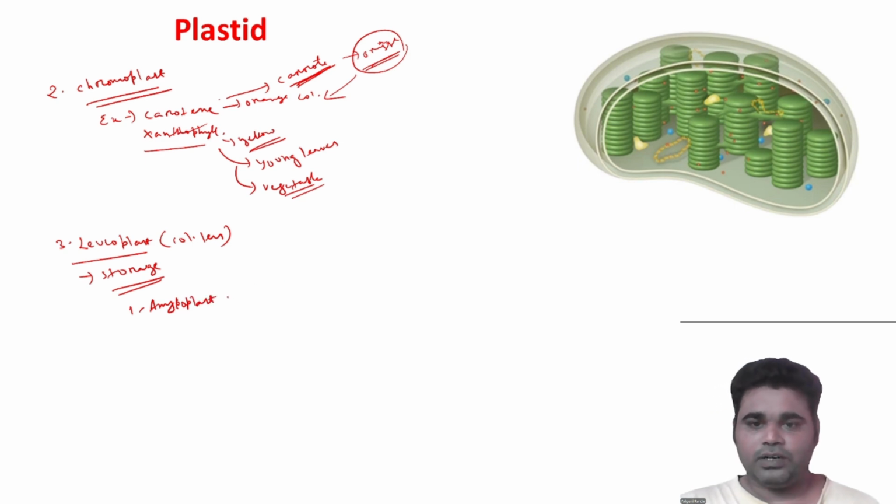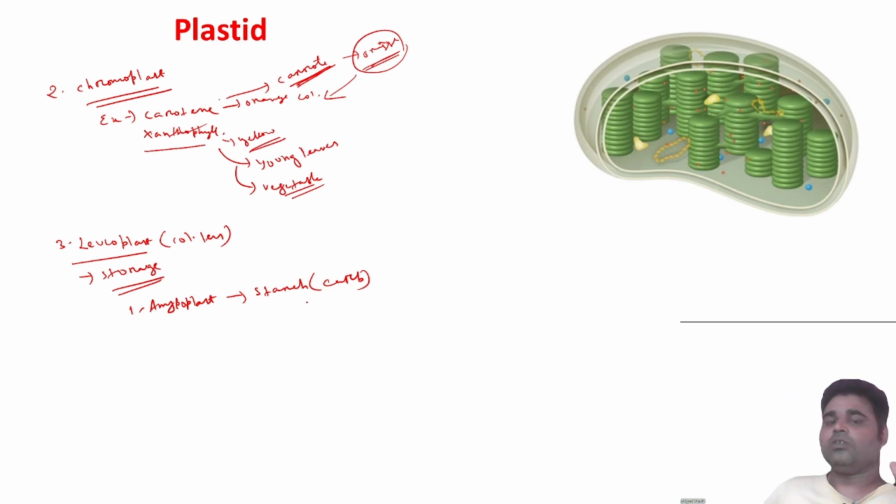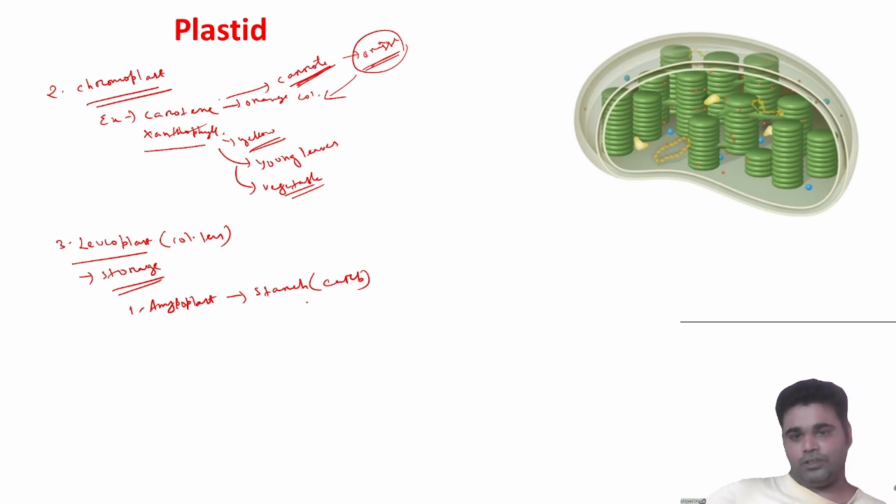The amyloplast stores the starch, which is a carbohydrate. So the leucoplast which stores the carbohydrate or starch is called the amyloplast.